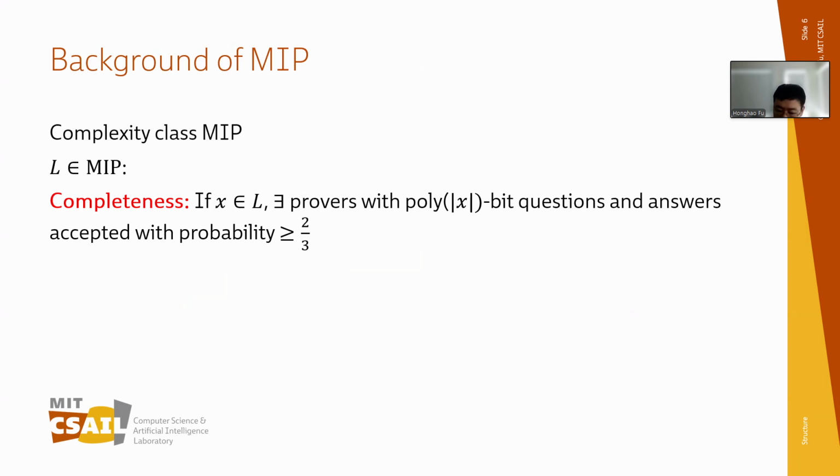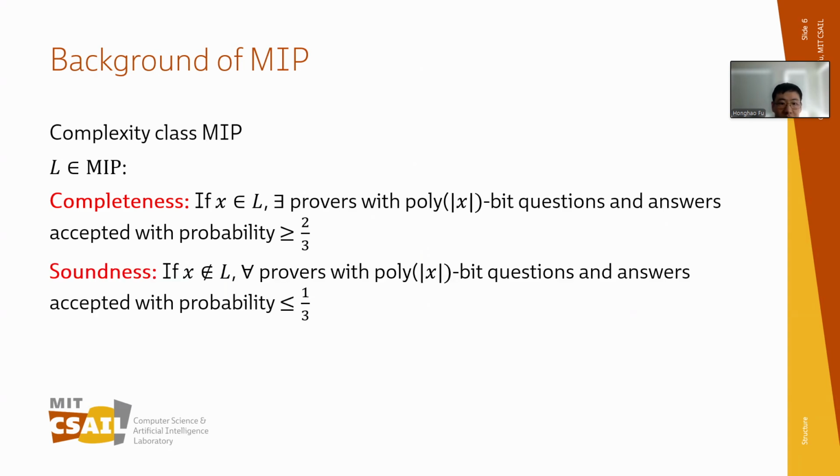This proof system must also be sound, in the sense that if X is not in the language, no prover can make me convinced with probability larger than 1/3. This is the completeness and soundness of the proof system.